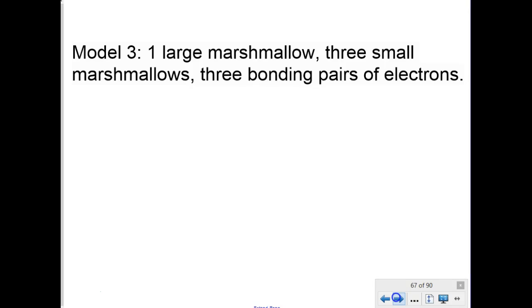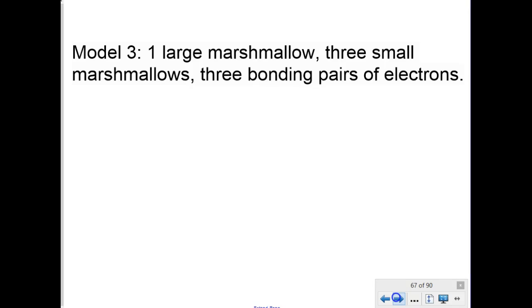How many atoms in this model? 4. Number of electron pairs? 3. How many pairs are lone? None. They're all bonding pairs. Sketch. What is your bond angle between each one? Now you have to do a shape name.